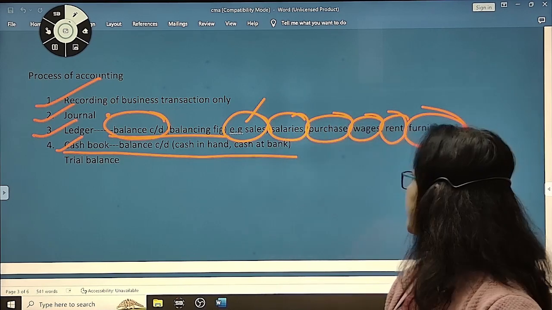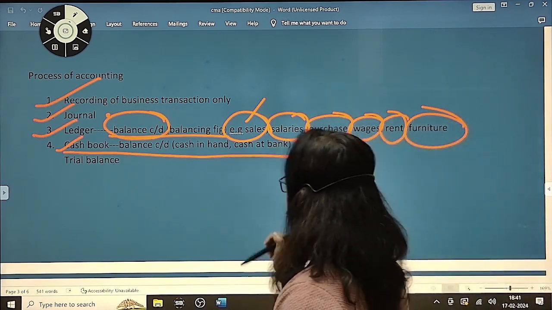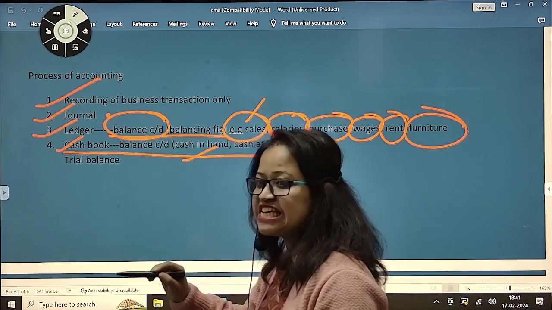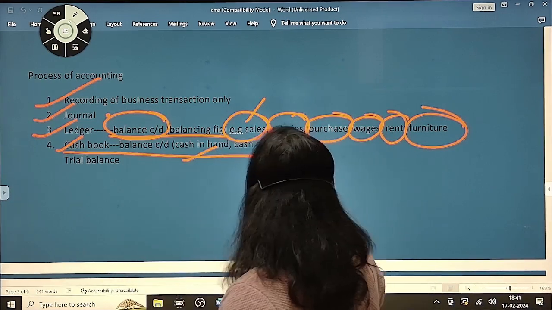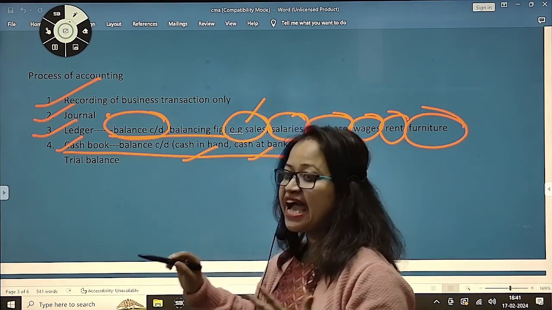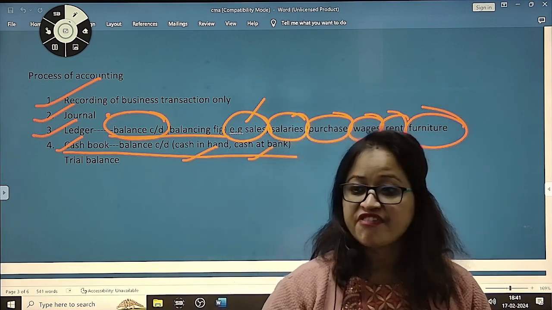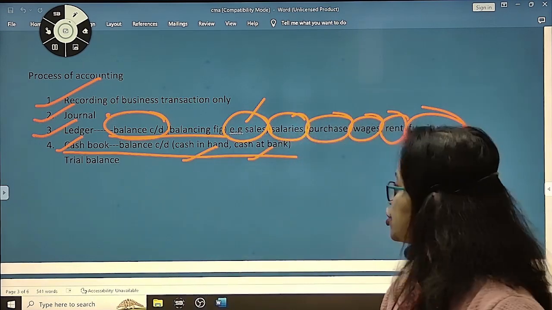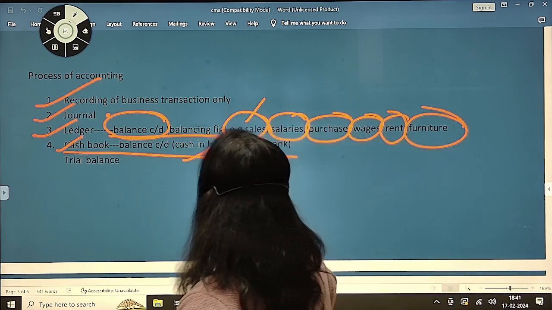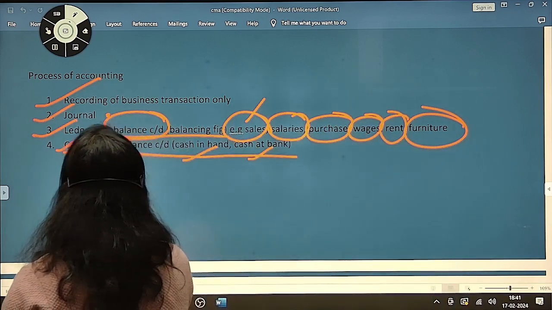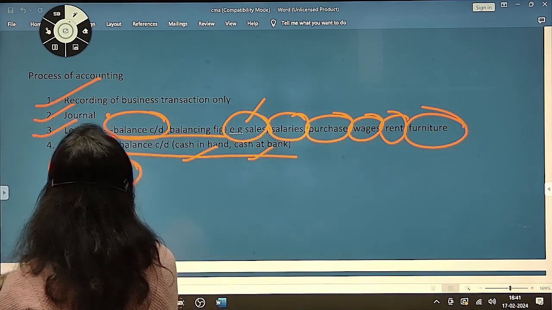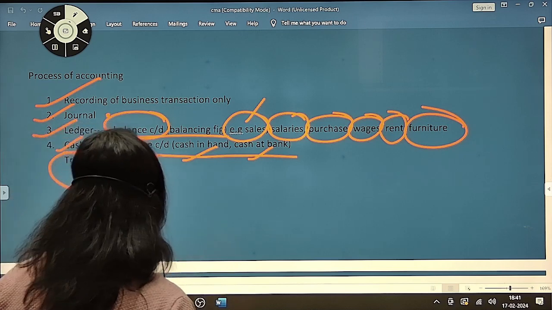From the cash book we come to know the balance CD of cash in hand, how much money is in hand in the office, and how much money is in the bank account of the firm and business. Then the next step is we prepare the trial balance.